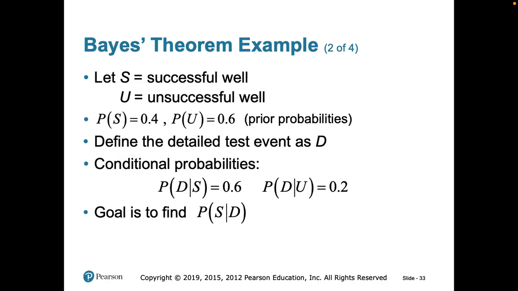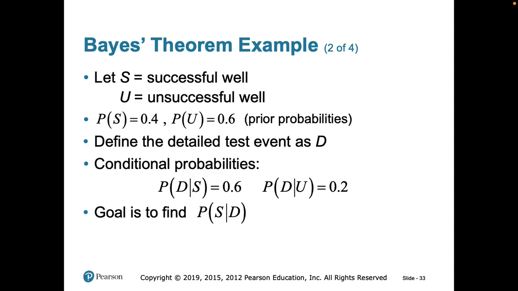In this case, S is going to be successful and U is going to be unsuccessful. You already have the data saying that the probability of a successful well is 40%, or 0.4. That means the probability of being unsuccessful is 0.6, or 60%.